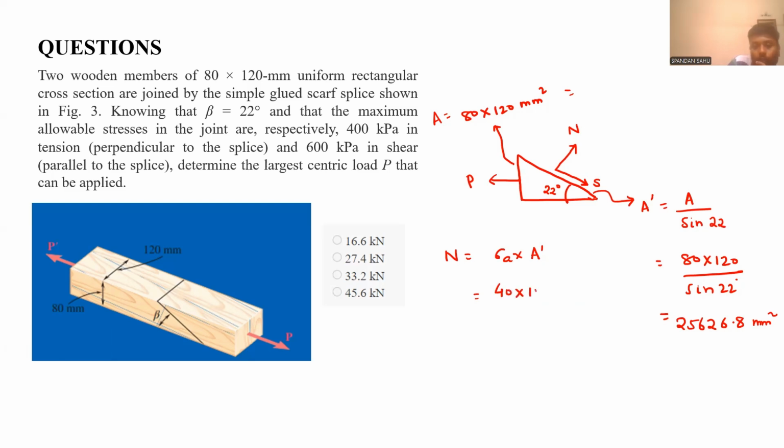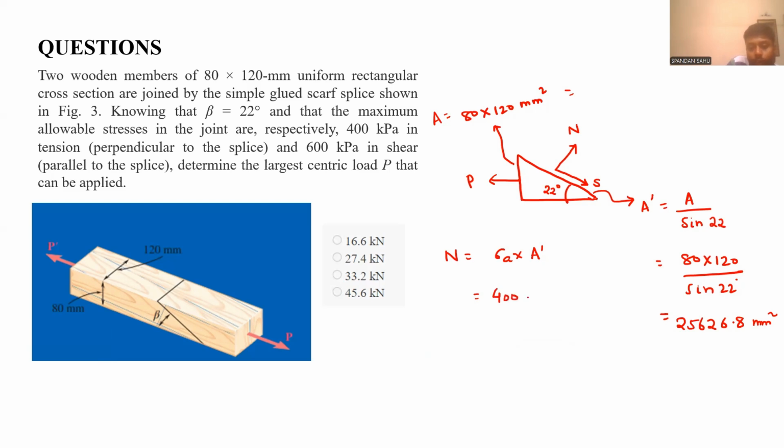So 40 into 10 power 3 upon 10 power 6 into 25626.8. So we are getting 1025, again sorry. We are making too many mistakes today.